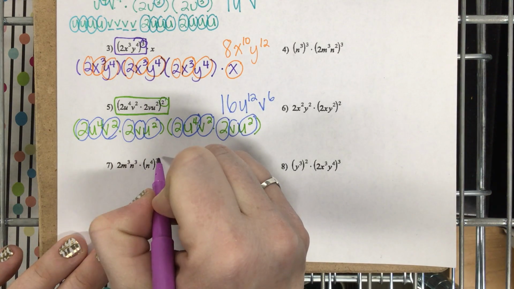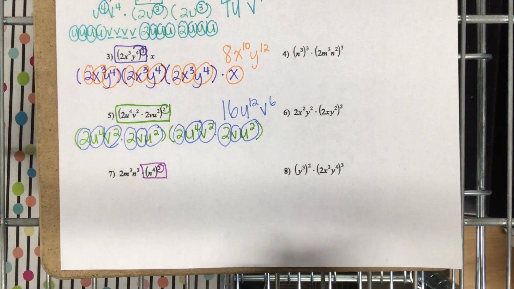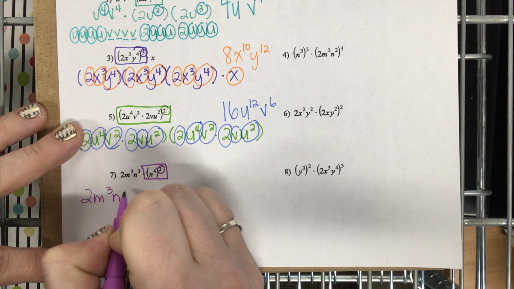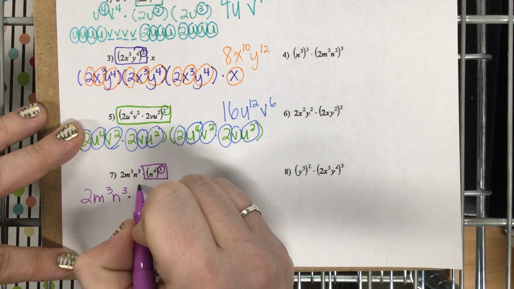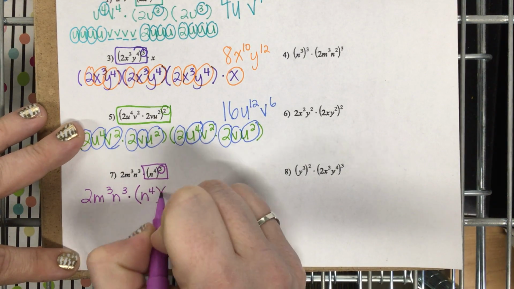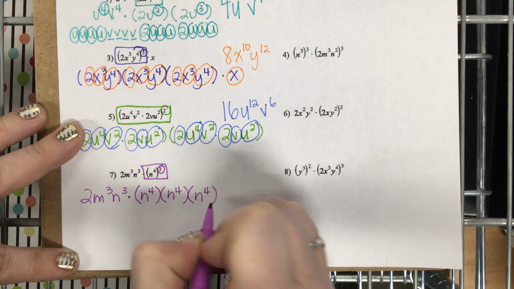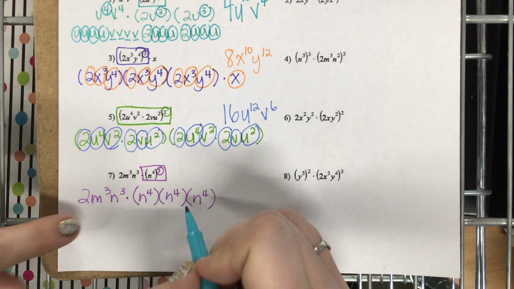Number 7, again, I have a double exponent here, so that parentheses happens 3 times. So I'm going to expand it. That's the first term. And then my parentheses happen 3 times. I'm going to multiply my coefficients, and if I look at my coefficients, I only have 1.